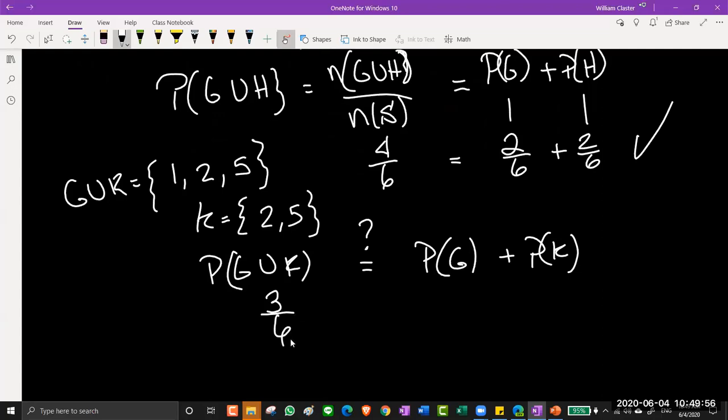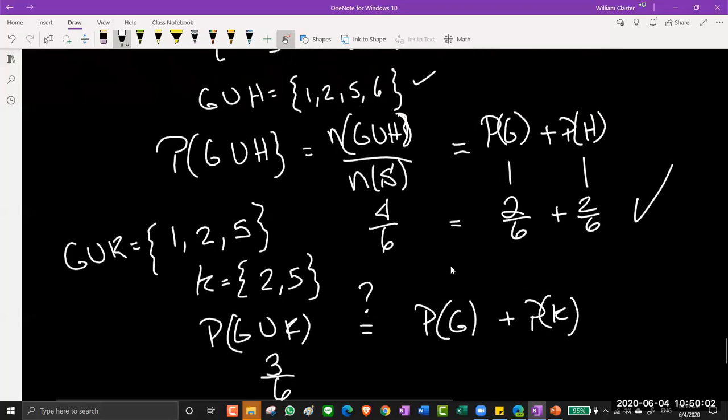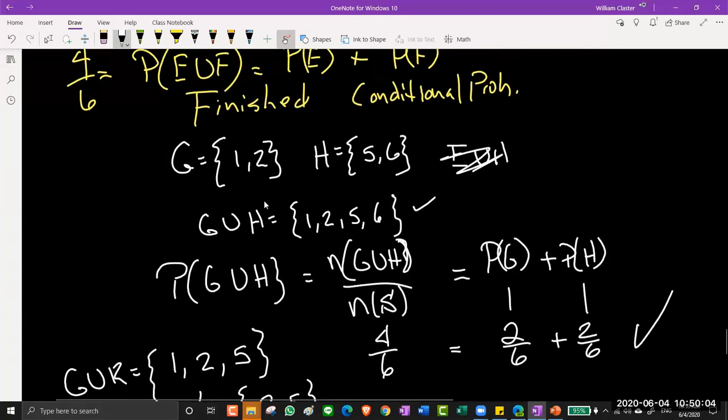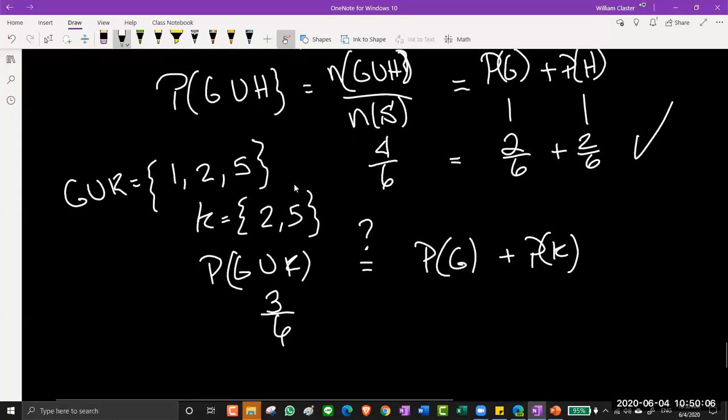3 over 6, right? Okay, now how about here? Probability of G is what? 2 over 6. And K is also 2 over 6.